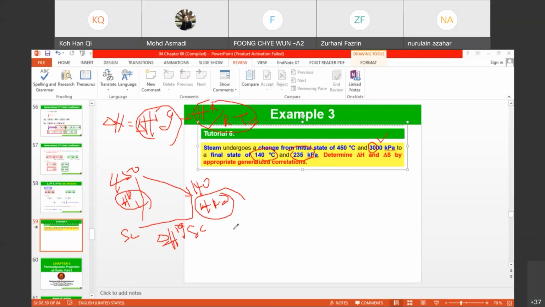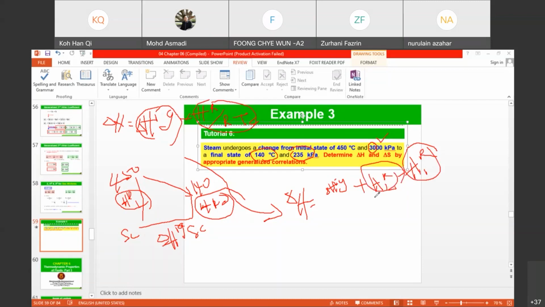So your equation is delta H equal to delta H ig plus RTC times, just make it H2 minus H1 R. So you can use the virial.